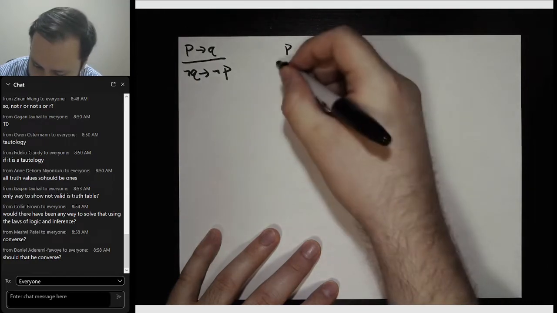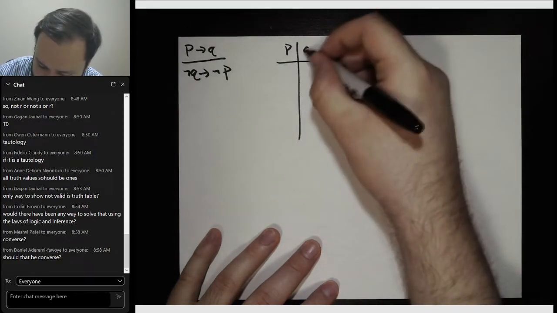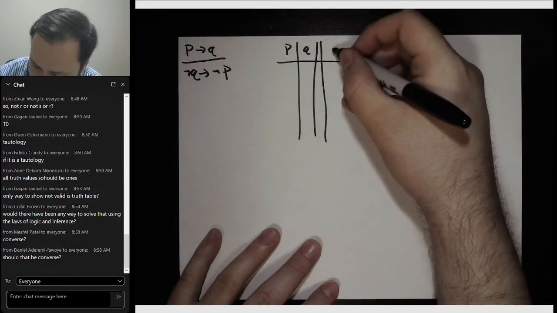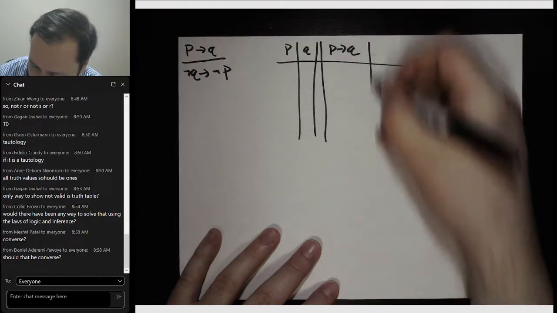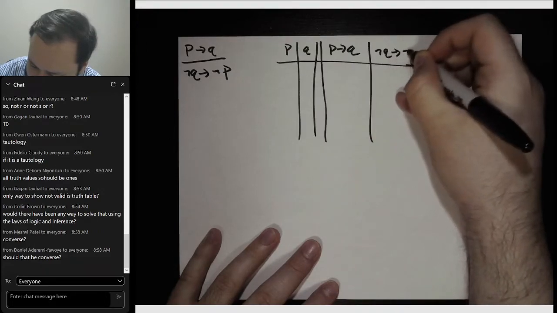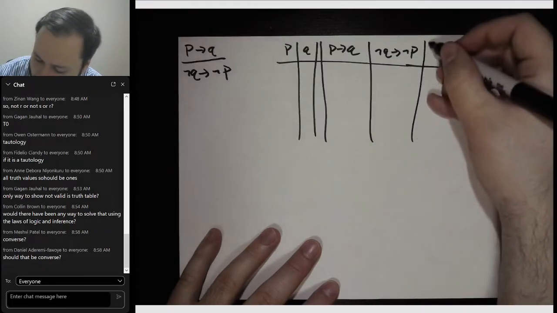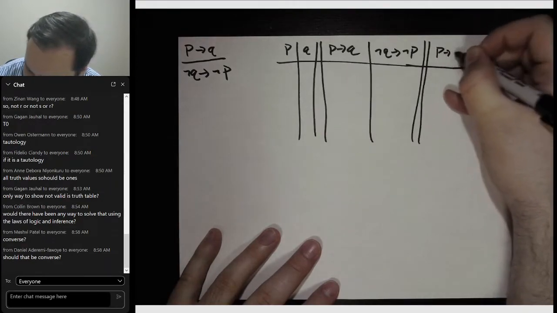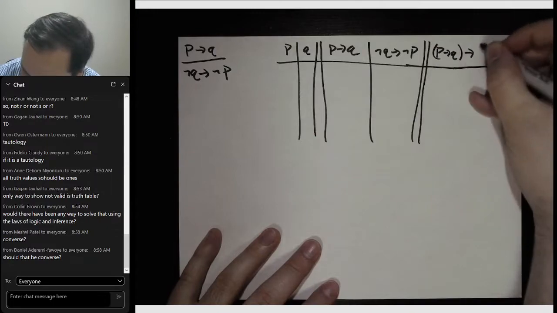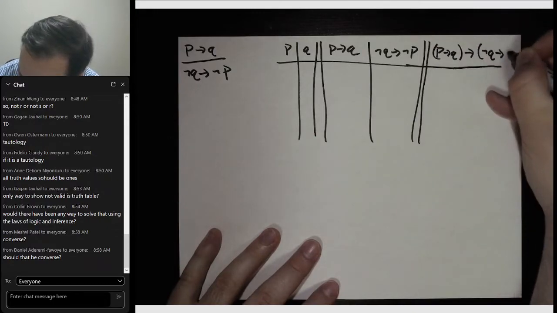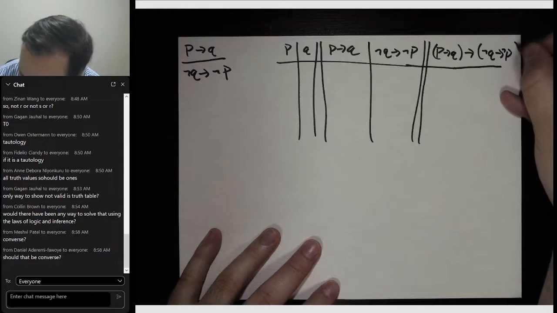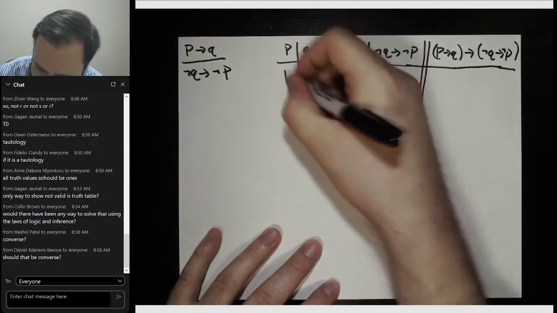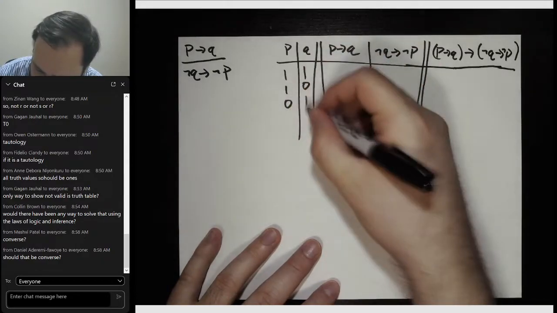So I have P and Q, and my helpers are going to be P implies Q and not Q implies not P. And then my statement is P implies Q implies not Q implies not P. And I've got my four cases, 1, 1, 1, 0, 0, 1, 0, 0.